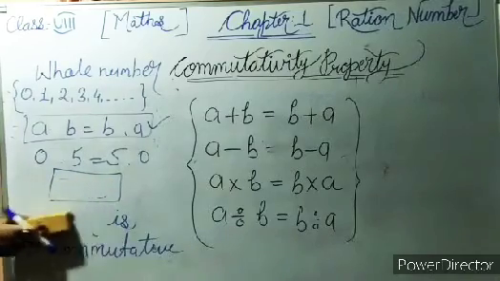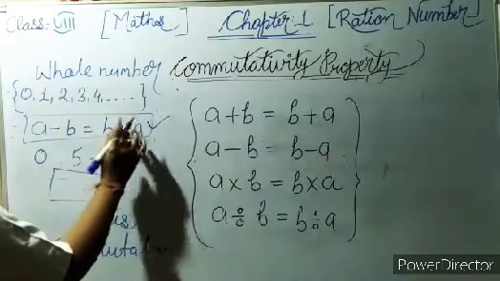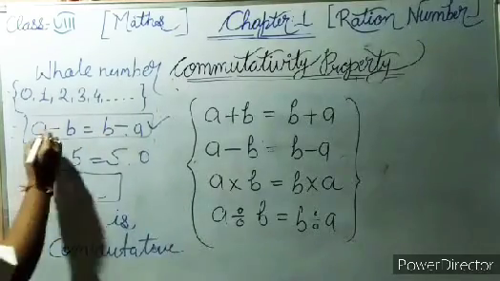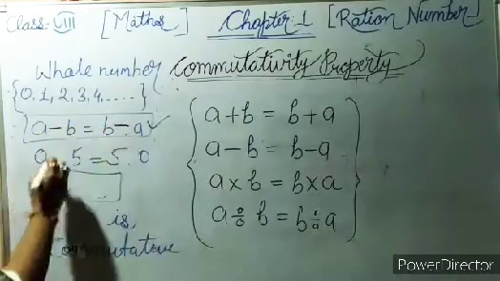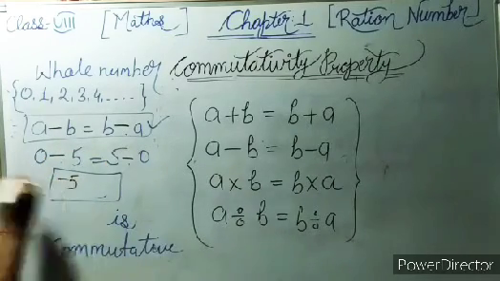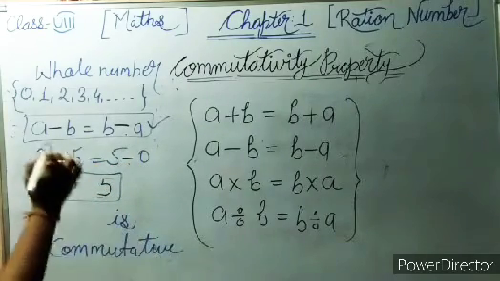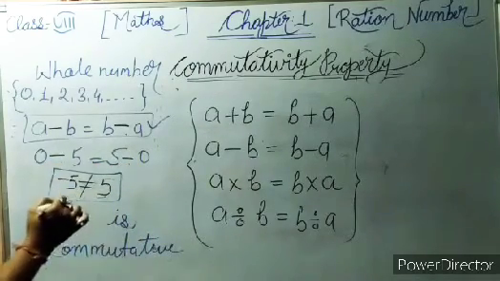Okay, addition is commutative. For minus, we will put here simply minus. And here also we say, you see, for minus, if we put minus here, 0 minus 5, that means minus 5, and 5 minus 0, that means 5. It is not equal.